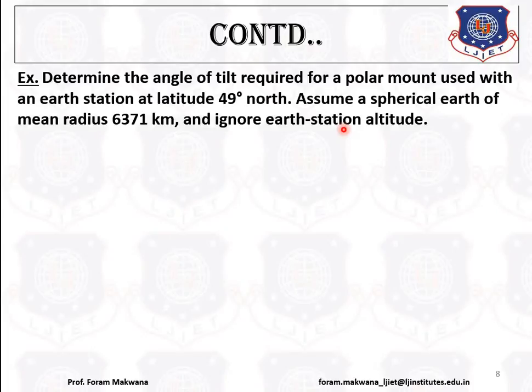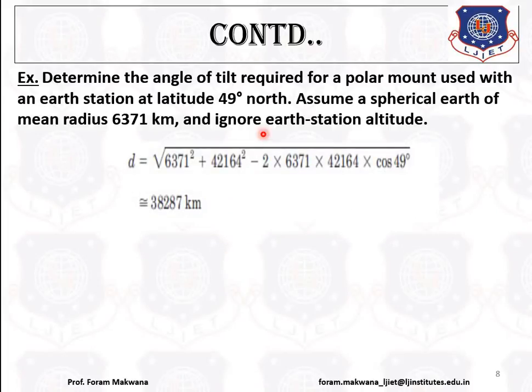Ignore the earth station altitude. What is given? The latitude of the earth station, lambda E, is 49 degrees north. Since it is north, we take this value as positive, so lambda E is plus 49.